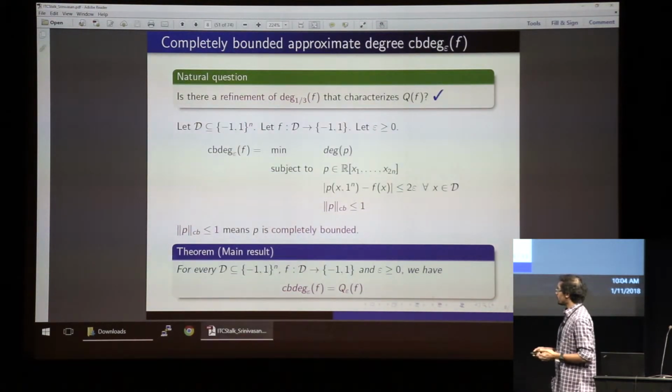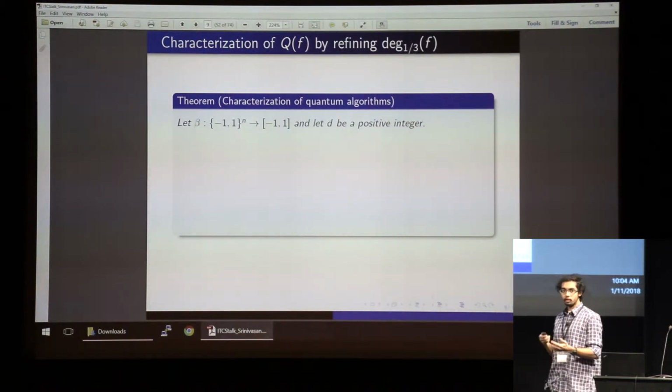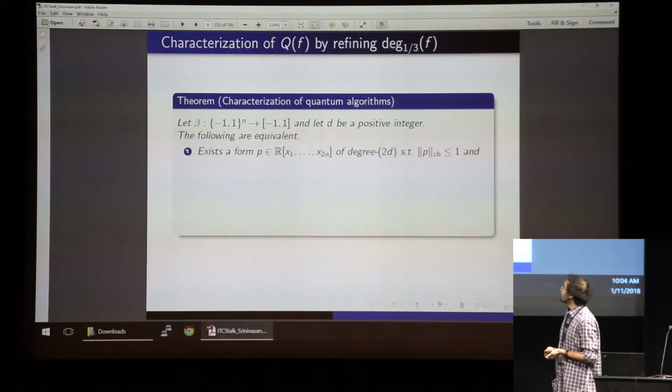And the proof of this theorem actually comes from the following characterization of quantum algorithms. So let beta be a map that takes n-bit strings to a number between -1 and 1, and let d be a positive integer. Then the following two statements are equivalent.